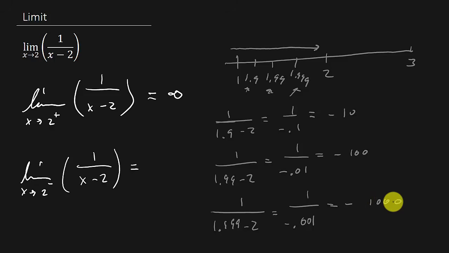So as we're getting closer and closer to 2 from the left-hand side, the answers we're getting are going to negative infinity. So you can see they're going in opposite directions. And so we can say that this does not exist.